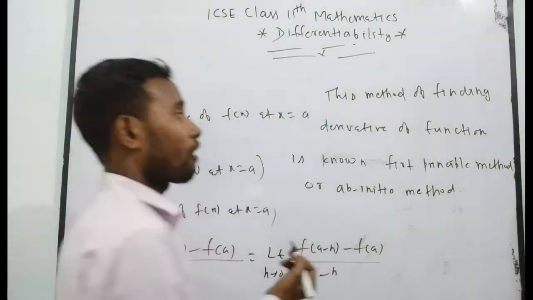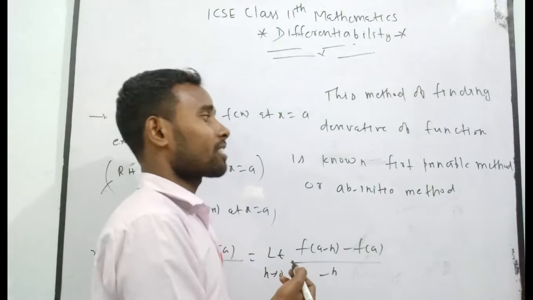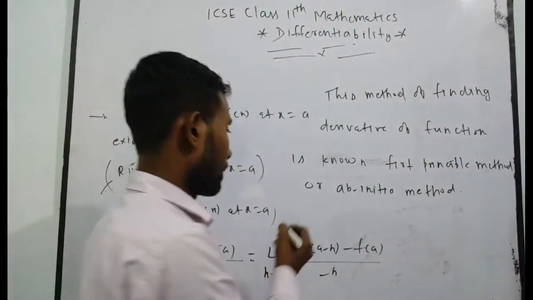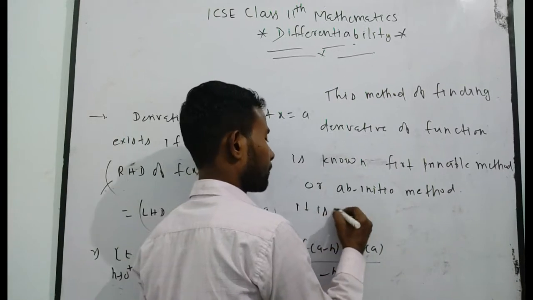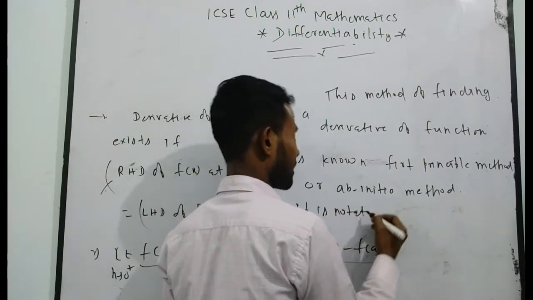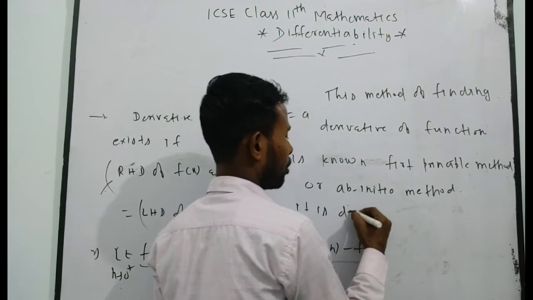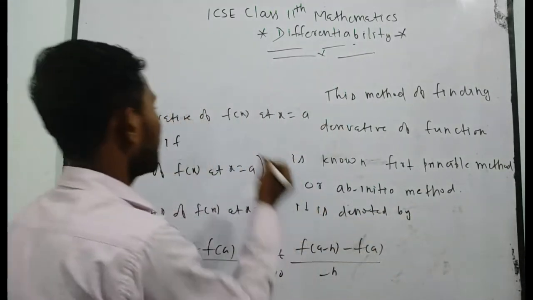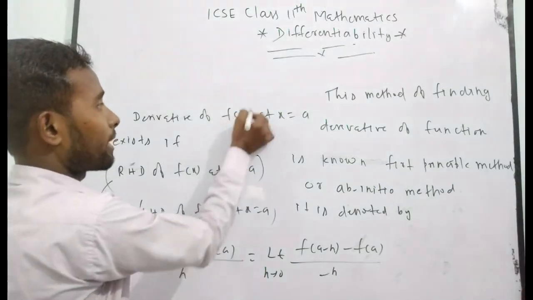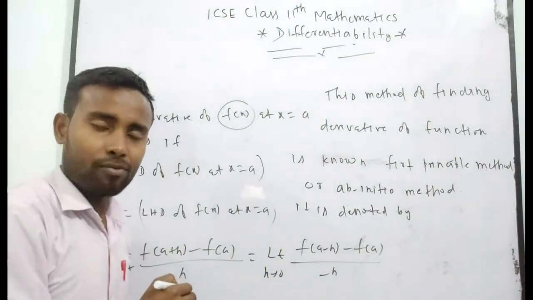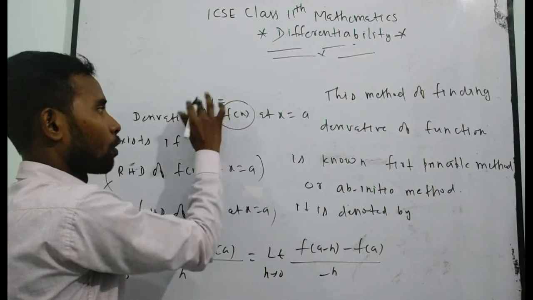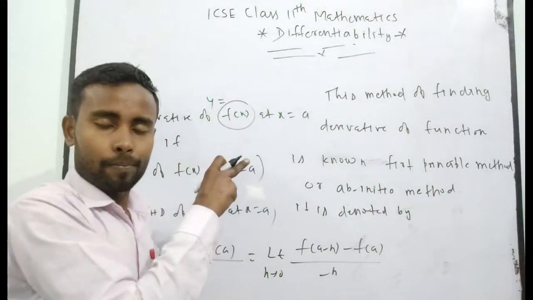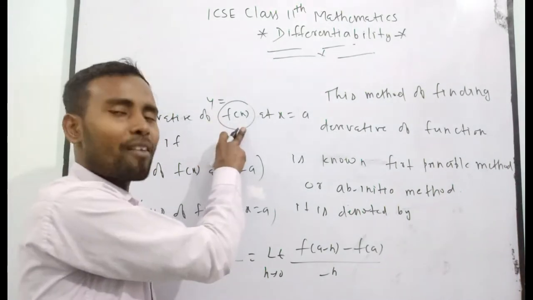This method of finding the derivative of a function is known as the first principle method or Ab-Initio method. There are many notations. Suppose that fx is a function, and suppose that y is equal to fx.